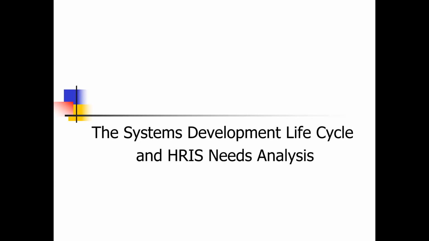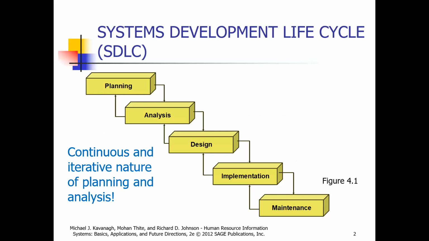Now here we can see these are the stages: planning, analyzing, designing, implementing, and then maintaining the whole process. Planning might involve short-term or long-term planning, as the system is supposed to serve the purpose of the organization.